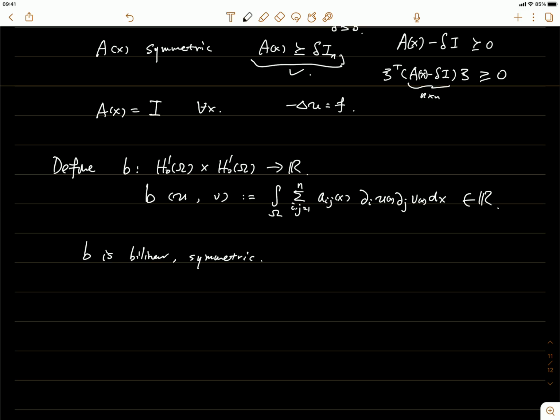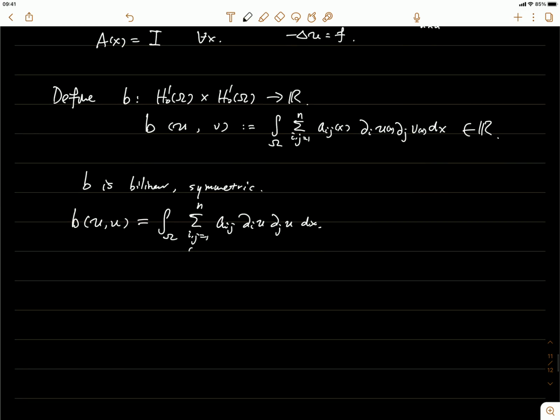To do that, let's just look at B(u,u). According to the definition, it's the sum over ij from 1 to n of the integral of aij di u dj u dx. Remember what this one is. This is like the gradient of u.